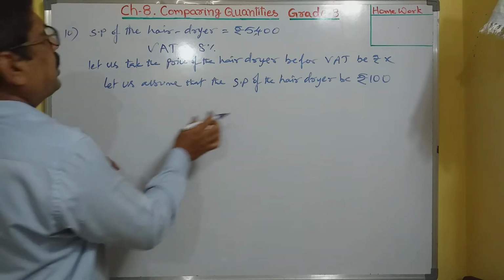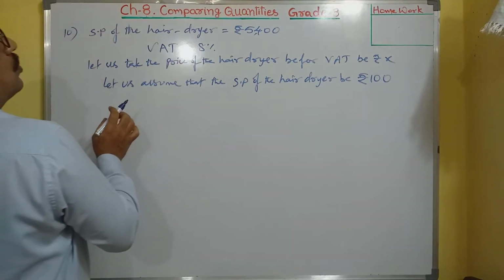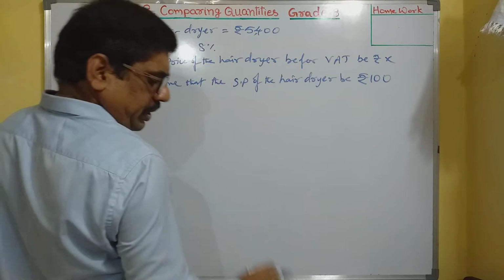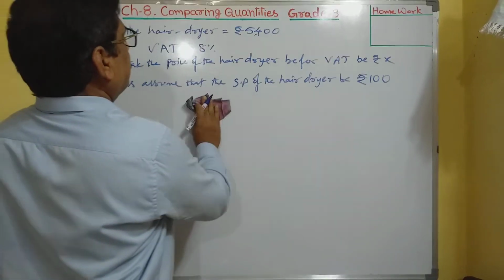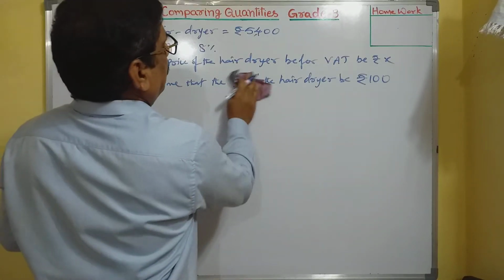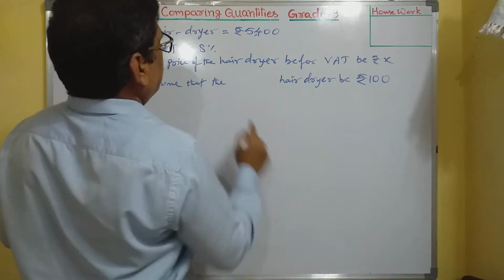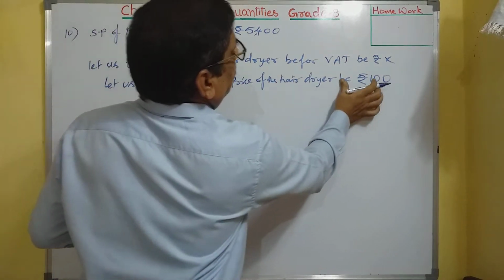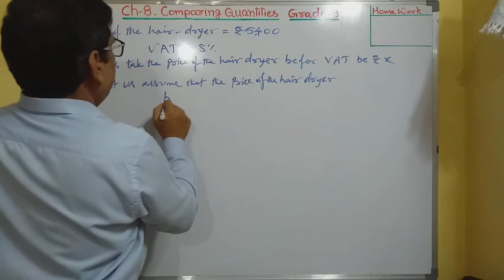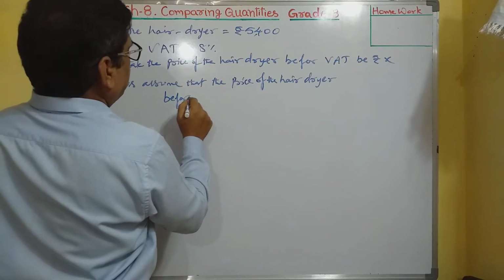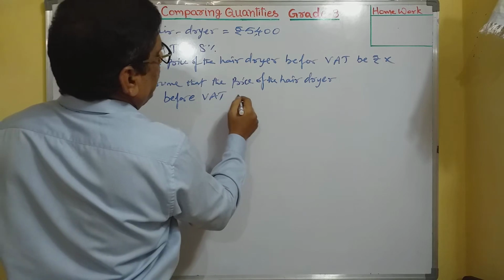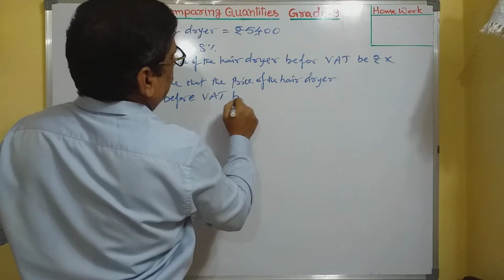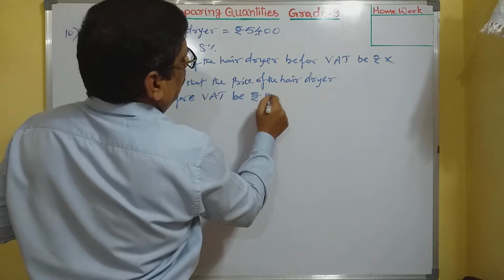Now actually, let us take the price of the hair dryer before VAT, before tax, be rupees 100.